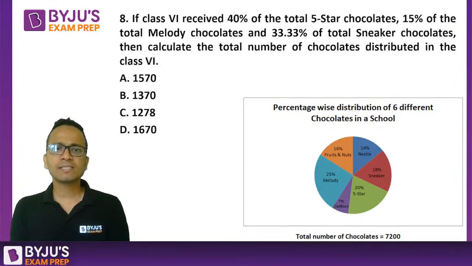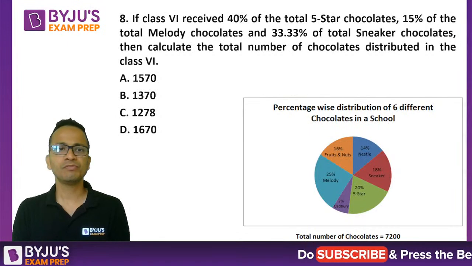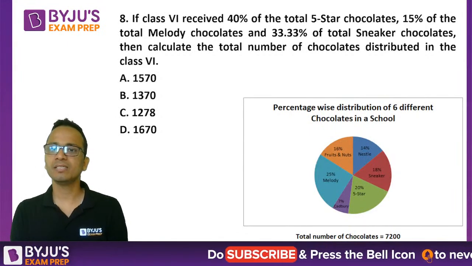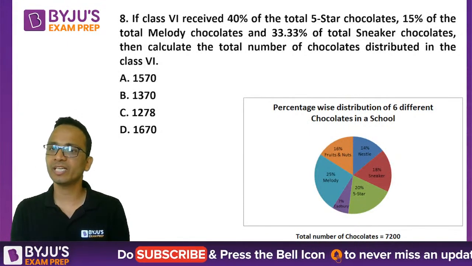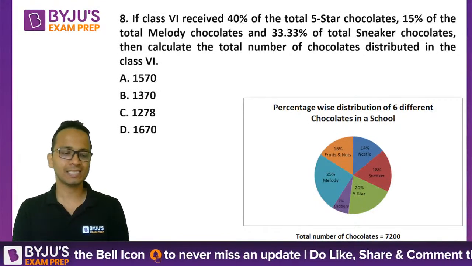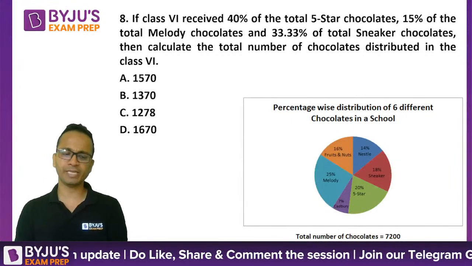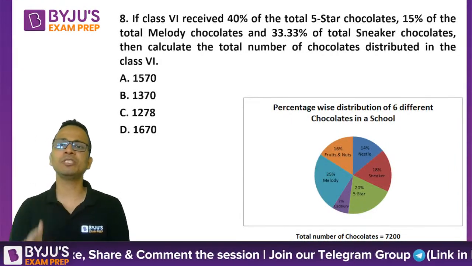If class 6 received 40% of total 5-star chocolates, 15% of total Melody, 33.33% of total Snickers, then calculate the total number of chocolates distributed in class 6. So it's a simple, straightforward question, you don't have to work too hard, and you just have to calculate percentage values.